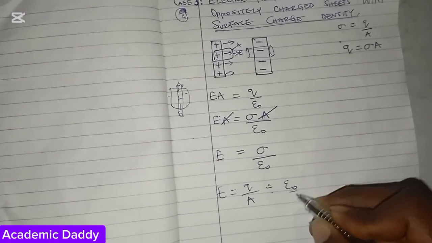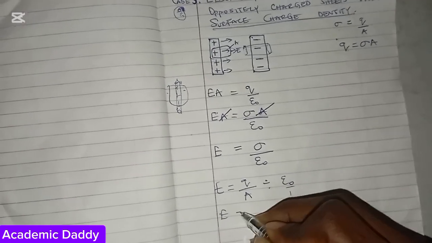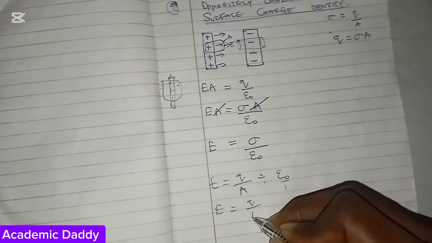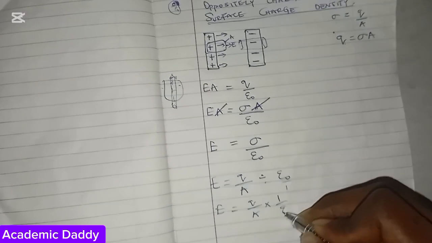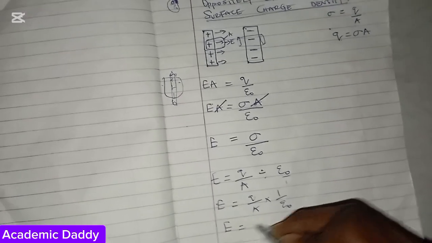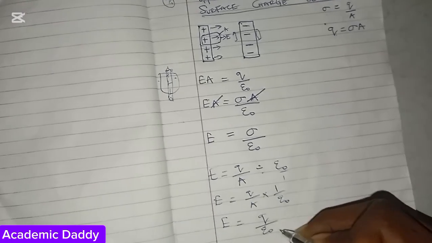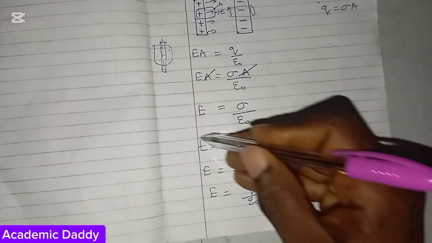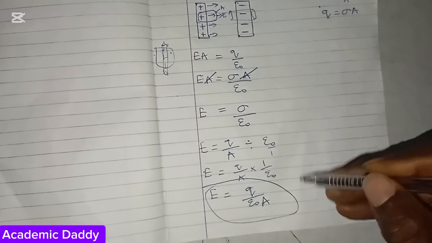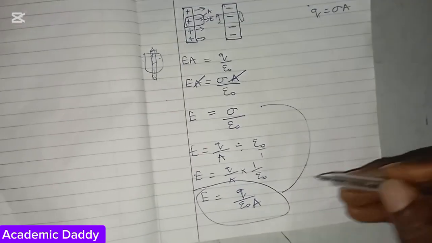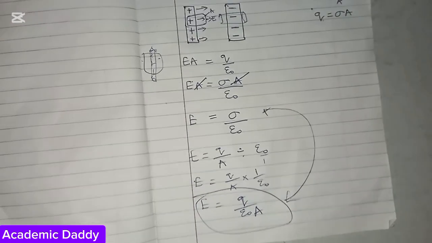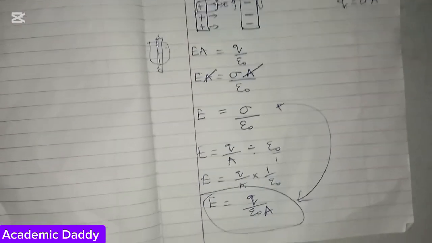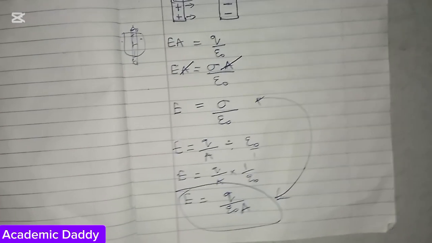So E is equal to Q over A times 1 over epsilon naught, so E is equal to Q over epsilon naught A. Whichever way you see it, this is the same thing as this. They are equal, but it depends on what the question given to you has.